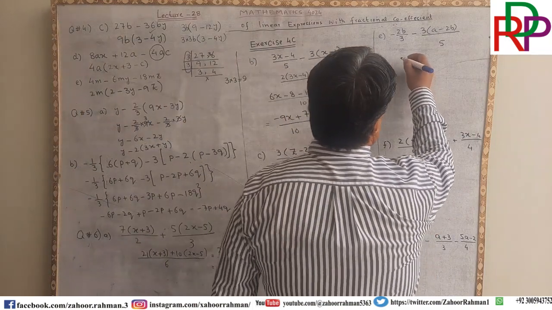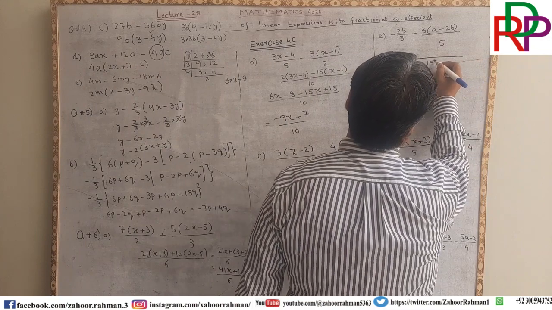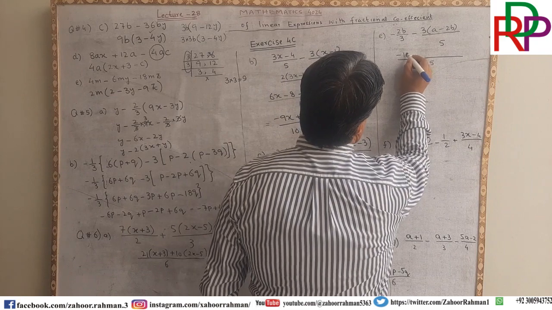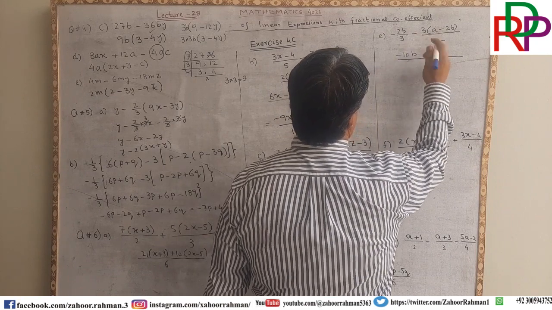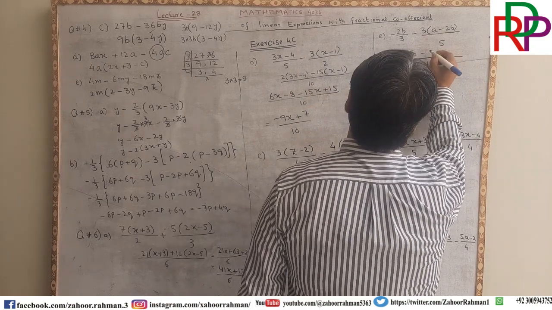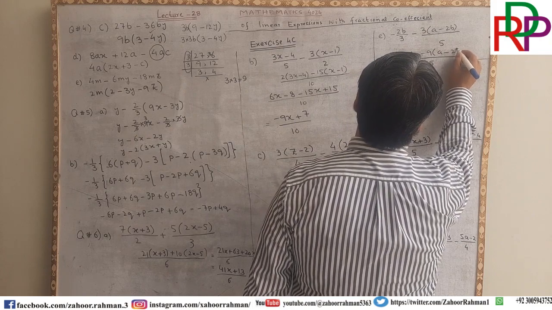Now here I am taking the LCM as 15, and this 5 will be multiplied with this. So minus 10b, and this 3 will be multiplied with this. So minus 9 into a minus 2b.